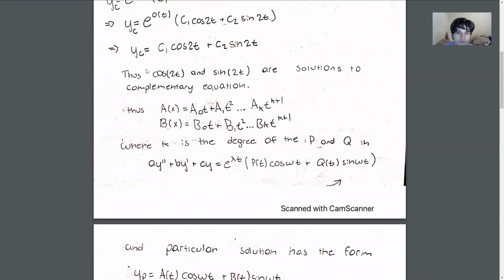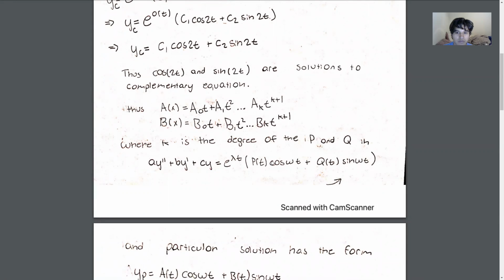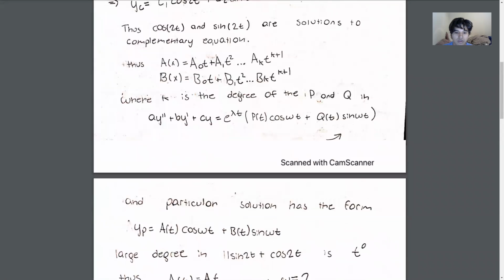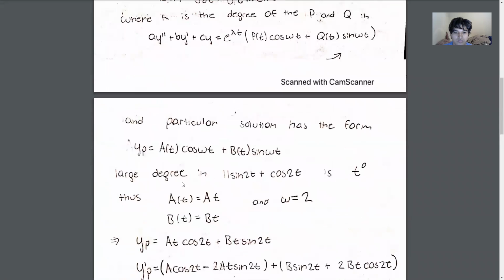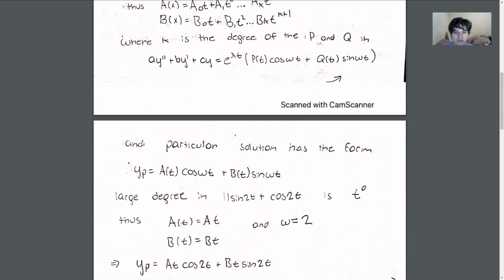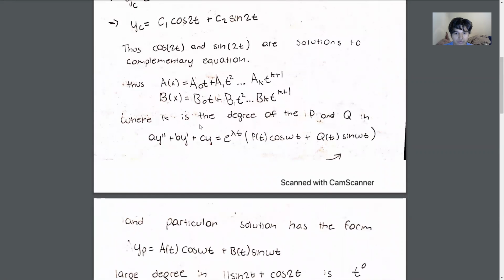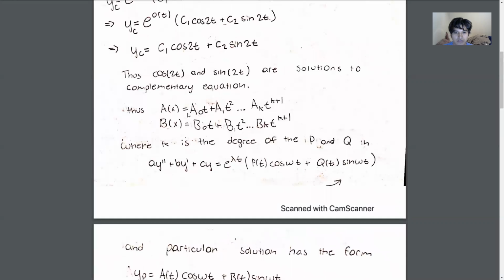And knowing this information, we can apply it to this theorem that we have right over here, which says that if cos and sine are complementary solutions to this differential equation right over here, then we can determine that at is equal to this expression, and bt is equal to this expression right over here.